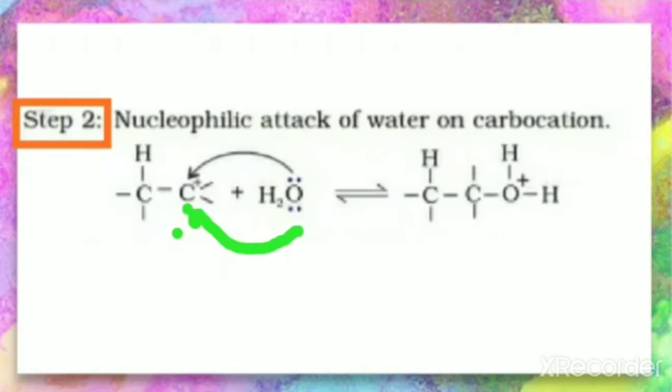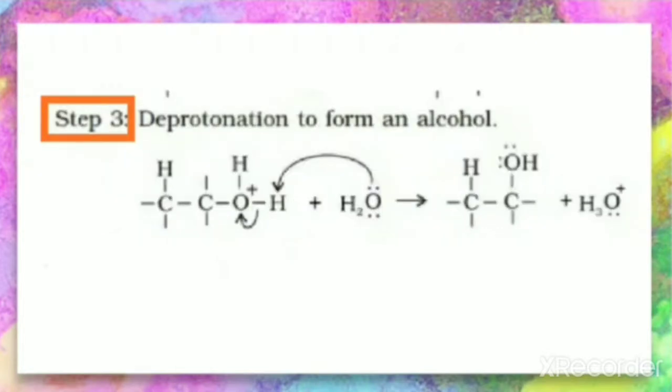So you can see that now the water gets attached on this carbon, and here the O develops a positive charge. So it results in the formation of an intermediate.